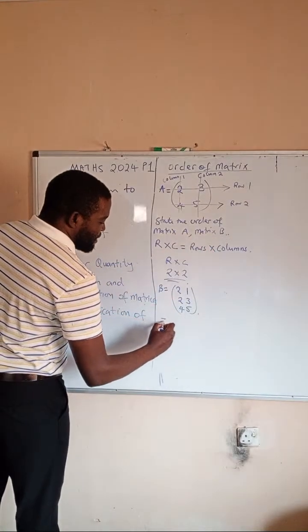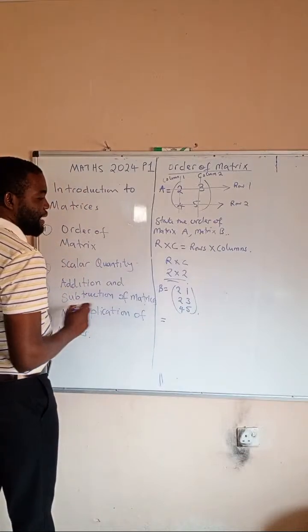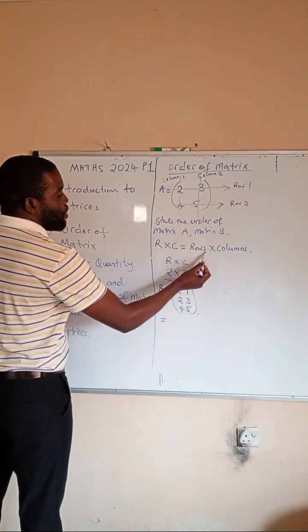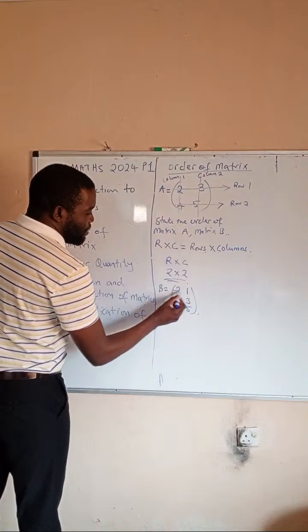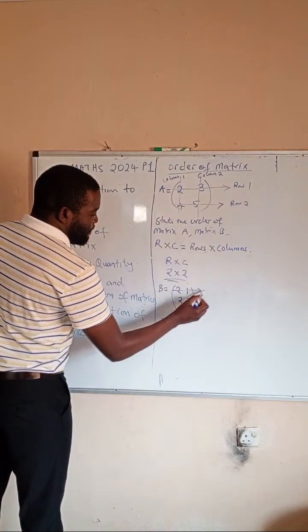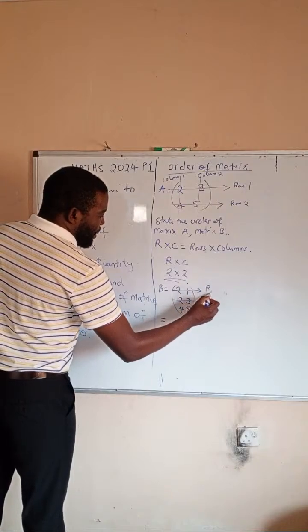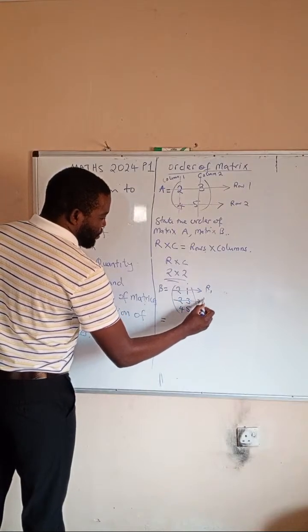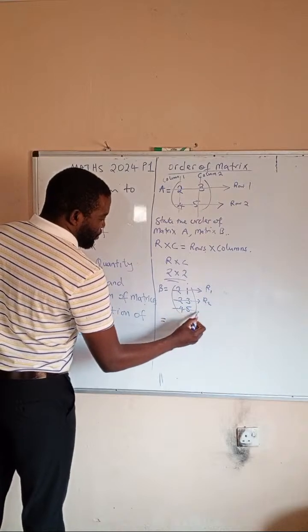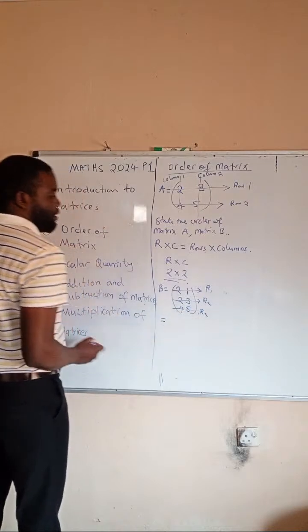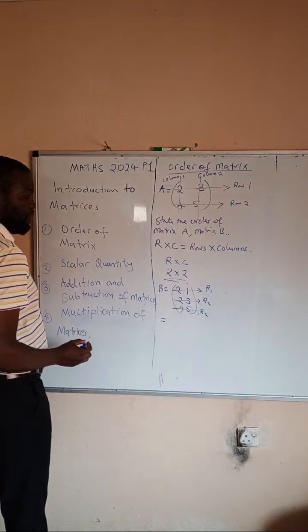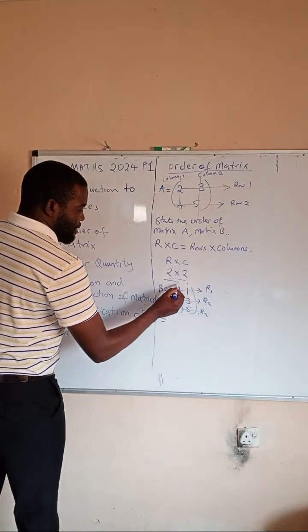So matrix B, we start with what? The order is rows times columns. How many rows? First row, this is row number 1. Row number 2. Row number 3. You see? What about columns?